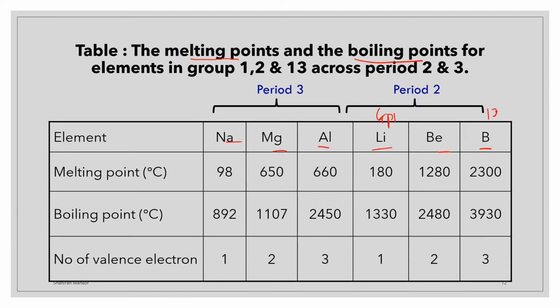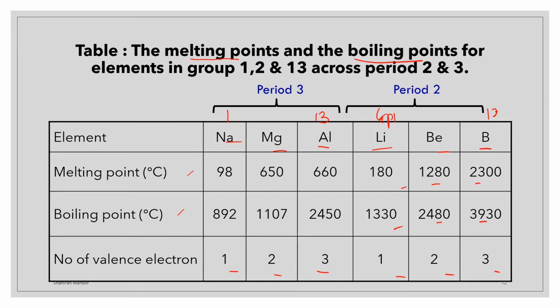You can see that the value of melting and boiling point will be increases okay, apabila their valence electron increases. And the same trend we can observe juga untuk metals of period 3, iaitu from sodium kumpulan 1 kepada aluminium kumpulan 13. So when the number of valence electrons increases, the melting and boiling point also increases.